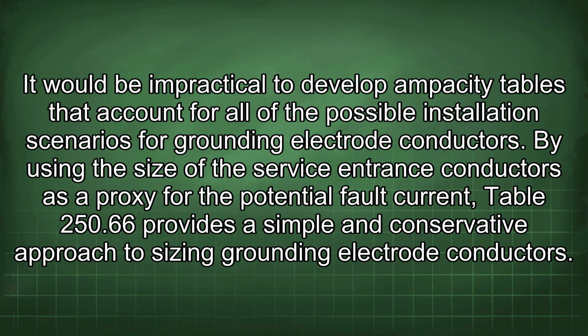It would be impractical to develop ampacity tables that account for all of the possible installation scenarios for grounding electrode conductors. By using the size of the service entrance conductors as a proxy for the potential fault current, table 250.66 provides a simple and conservative approach to sizing grounding electrode conductors.